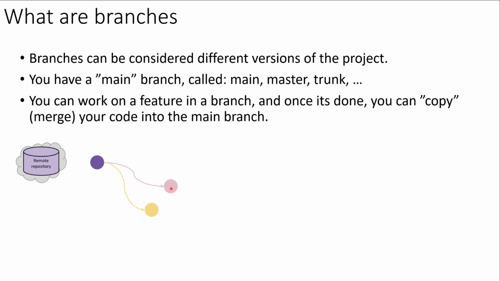Then another group member also decides to start working on a new feature, so they create a new branch based on this checkpoint, this version of the code. Now they both have an identical version of the code, but in separate branches. So now I have two branches here.